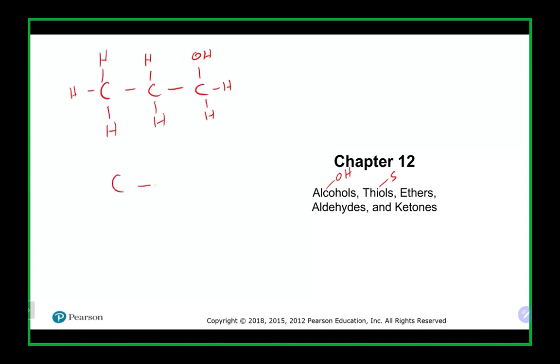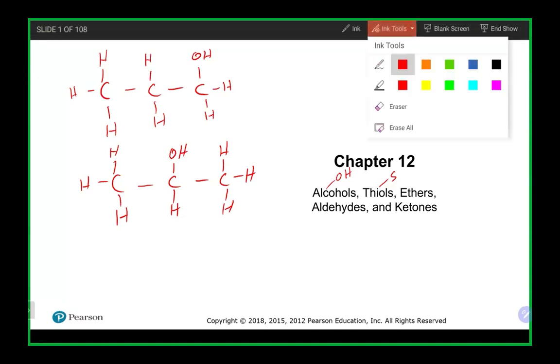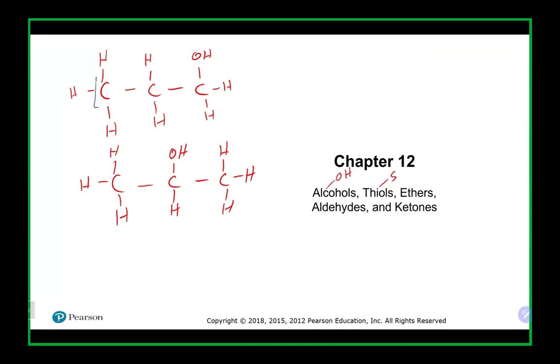Could also have something like this. So in both of these cases, the longest carbon chain is going to be 3, right? That has the OH group also part of it.